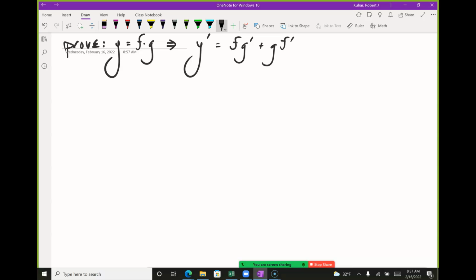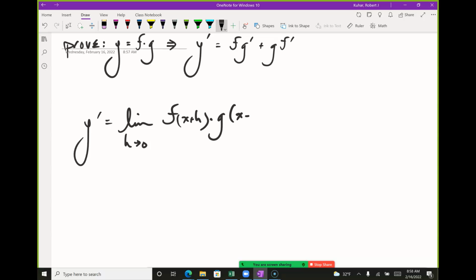Well, guess what? y prime is the limit as h goes to 0 of f of x plus h times g of x plus h minus f of x times g of x, all over h. Look familiar? This is our definition of a derivative using a limit.